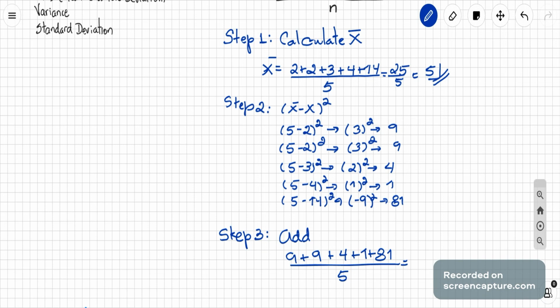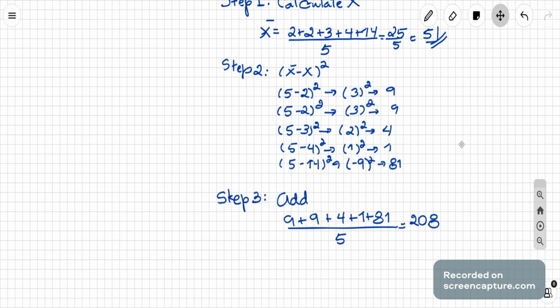And let's use the calculator for that. 9 plus 9 plus 4 plus 1 plus 81. That is 104. 104 divided by 5 equals 20.8. And now I can say that I have calculated the variance.